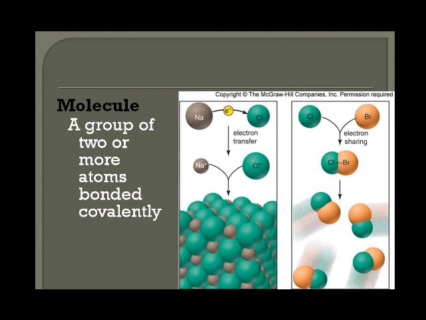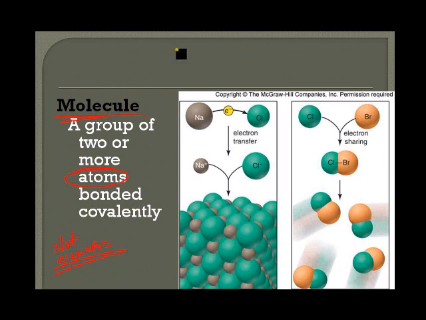When we talk about any type of substance held together by a covalent bond, we call it a molecule. And a molecule is a group of two or more atoms bonded covalently. Notice it says atoms, okay, not elements.